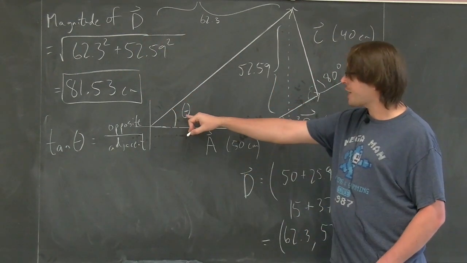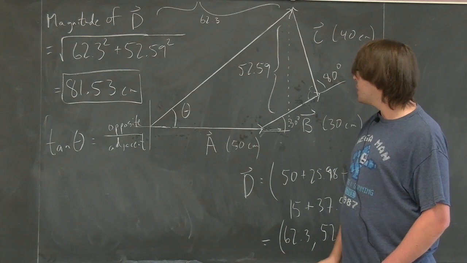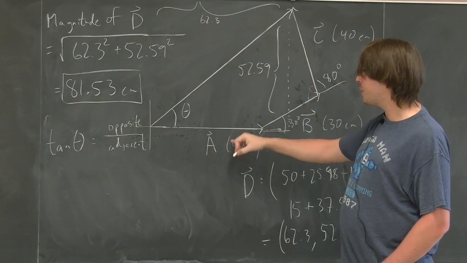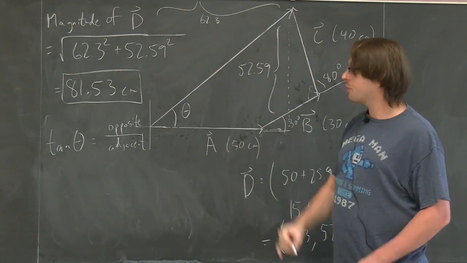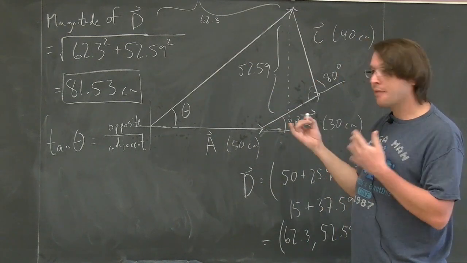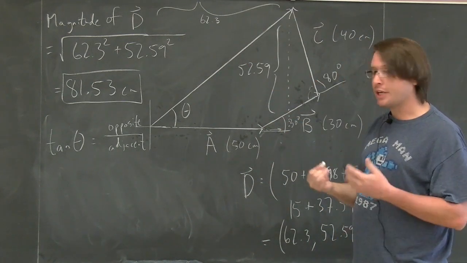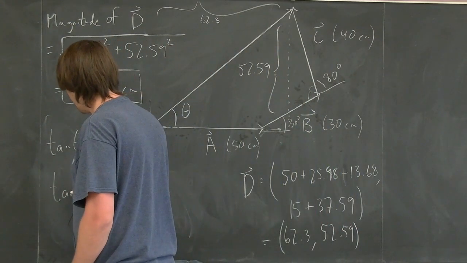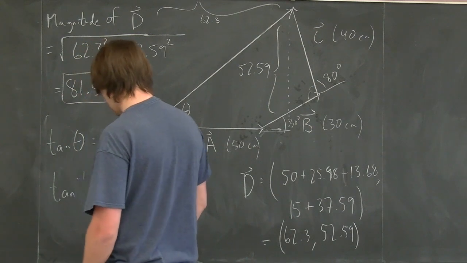So if you find the tangent of this angle, then you take the opposite side, 52.59, divide by the adjacent side, 62.3. So if you have those sides and want to get the angle theta itself, then you take the inverse tangent of that quantity.